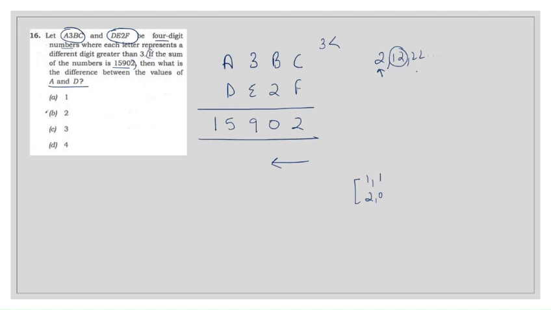Next, it cannot be 22 because the highest value that these two letters can take is 9 and 9, and if we add 9 plus 9, what we'll get is 18. So the value cannot be greater than 18 here, so it cannot be any other number as well. It will clearly be equal to 12. So once we write 2 here, we'll take one carry here.